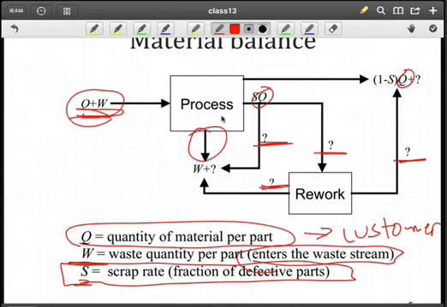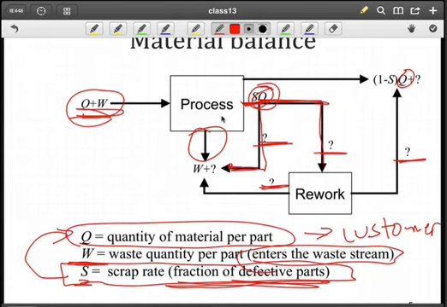And that is the fraction of parts that will be defective after we leave the process. So as you can see here, if we multiply S times Q, that will represent all the parts that we consider to be defective. And once we leave the process, some of those parts will enter the waste stream directly. The ones that we can rework will enter rework. And then, of course, some of those will end up being work in process, some of those will end up in the waste stream. So we have these question marks.